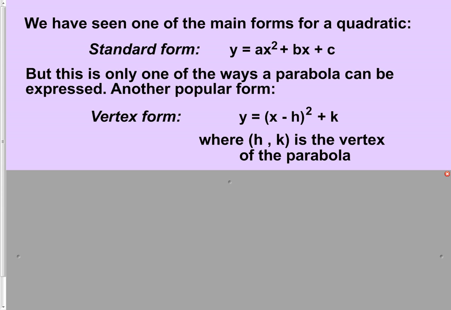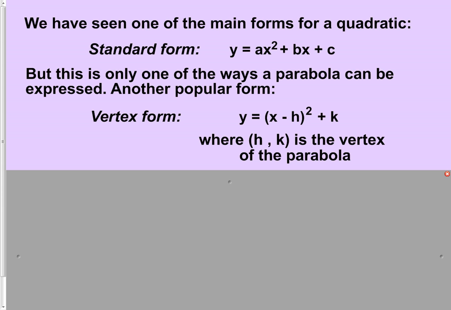Get used to the idea of h representing the x of the vertex and k representing the y of the vertex, because as you're going to see later this year, we're going to get into a deeper discussion of parabolas and what are known as the conic sections. This h, k idea is going to still be true throughout all of those discussions.